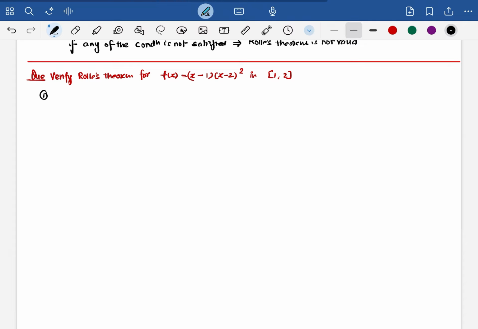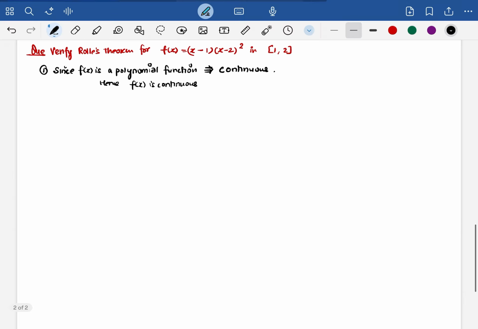You will write in such a manner that since f(x) is a polynomial function, and we know that a polynomial function is always continuous, f(x) is continuous, as polynomial functions are always continuous everywhere.